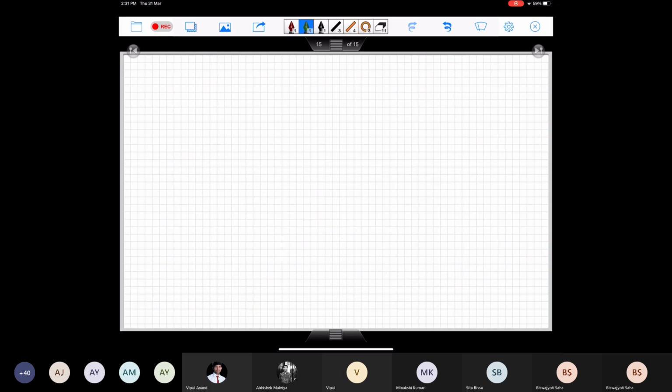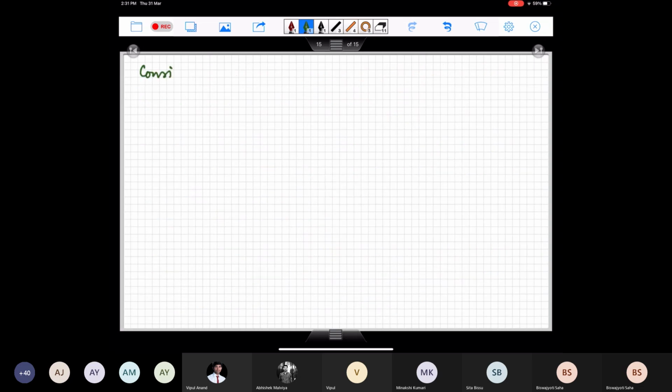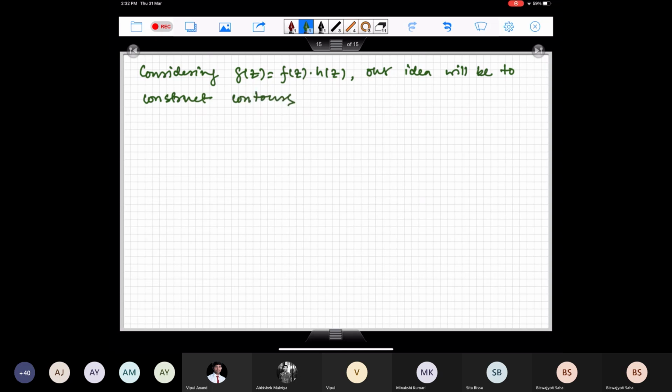So first of all, considering a new function, let's say g(z). g(z) will be f(z) times h(z). Our idea will be to construct contours enclosing, let's say, 0, plus or minus 1, plus or minus 2, and so on, plus or minus n.